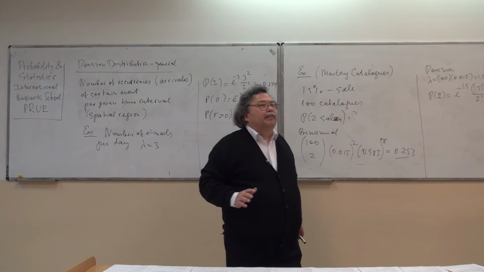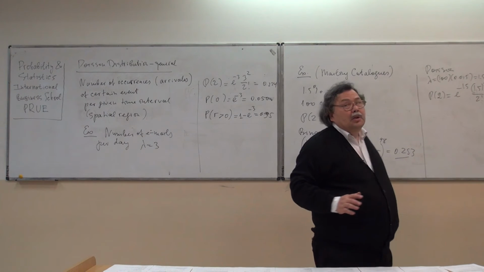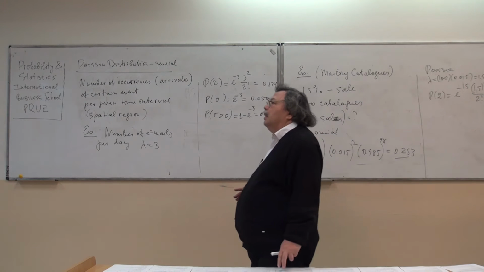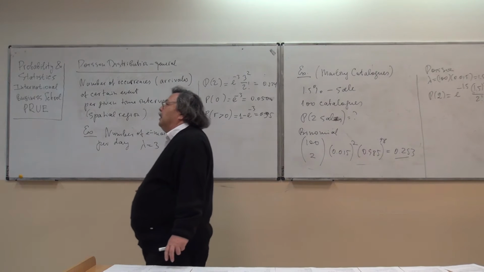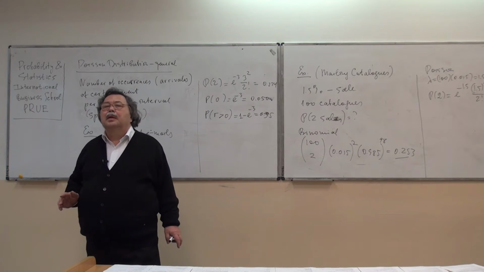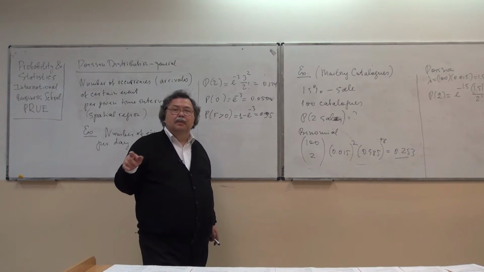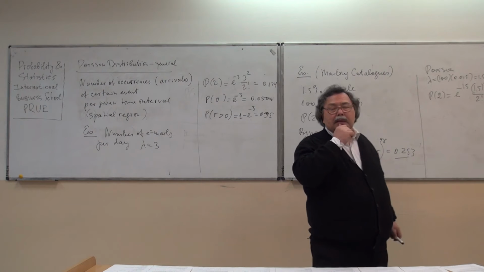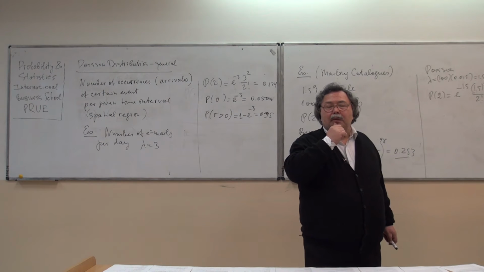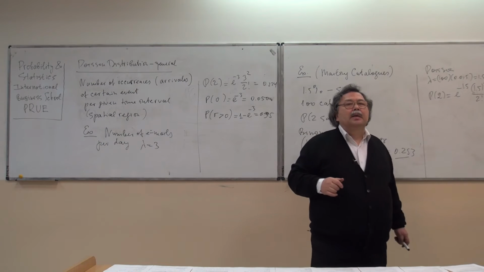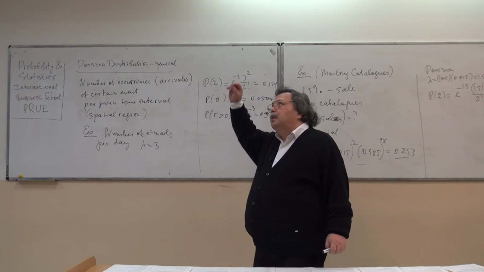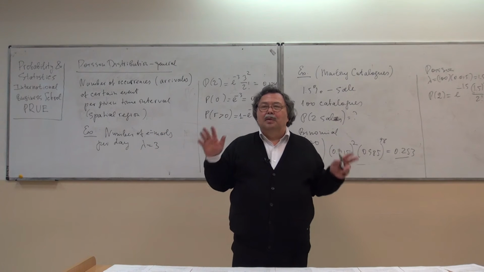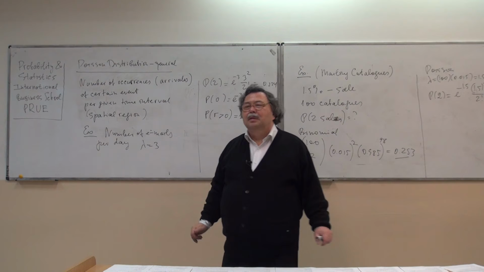Actually, the Poisson distribution can be expected to work very well for this natural process. It works very well for natural processes such as radioactive decay, particles that come from outer space, things like that. And raindrops is also a very good example.